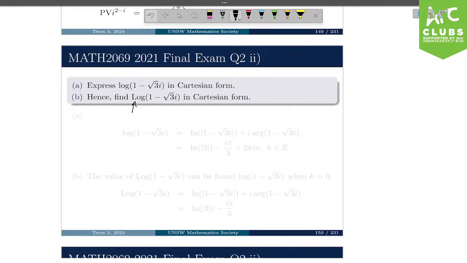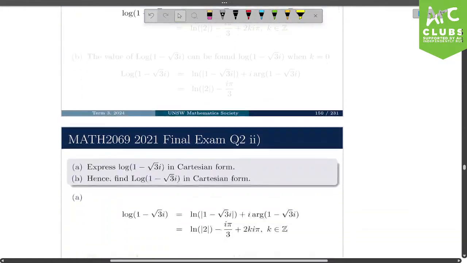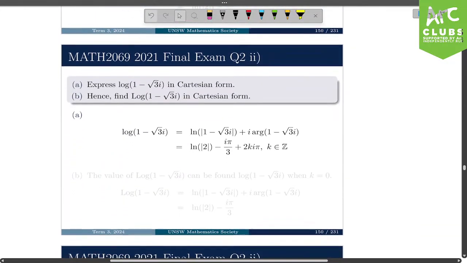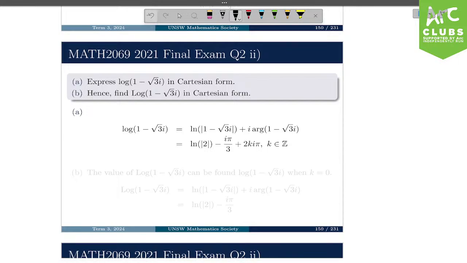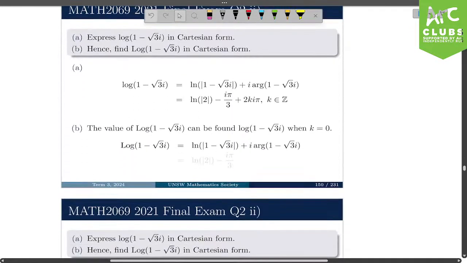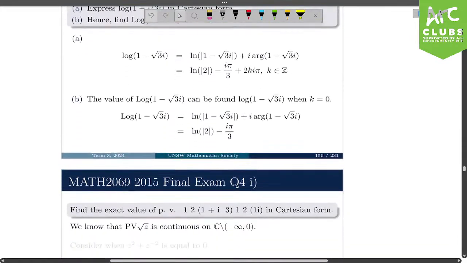So multi-valued to single-valued. Once again, we go ahead, logarithm of a complex number, logarithm of the magnitude plus i times argument. Okay, argument is plus 2kπi over here, and we just remove it for the principal one. Okay, and so we just get first bit. Fantastic.